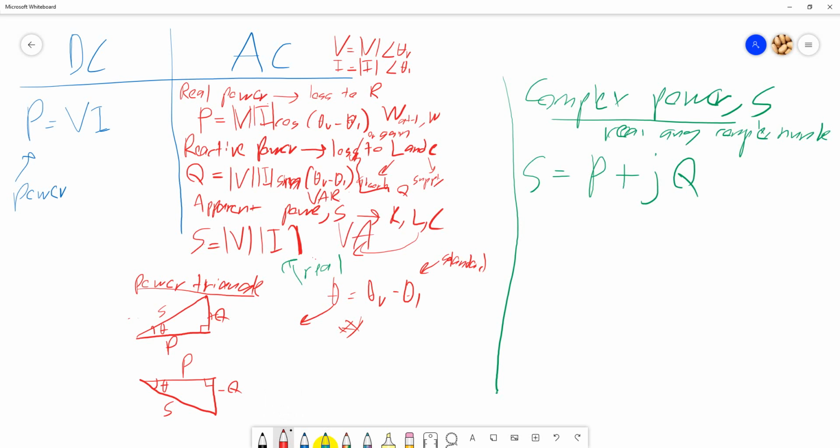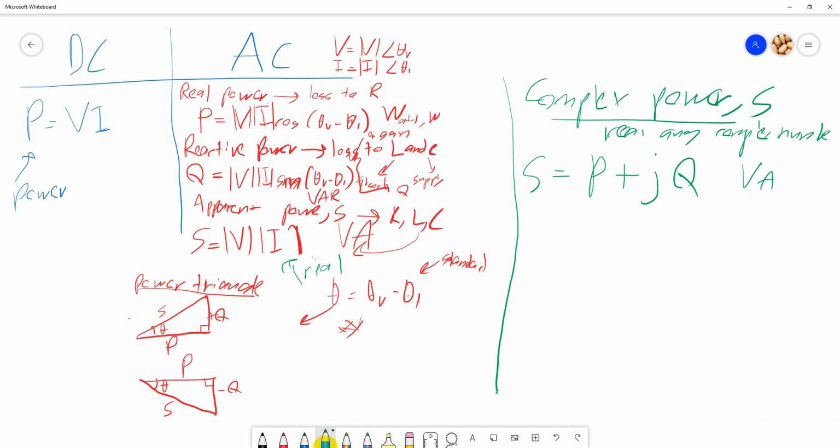This apparent power is VA, volt-ampere. That's it. And for this case also, the unit is VA. Then S equals P plus jQ.